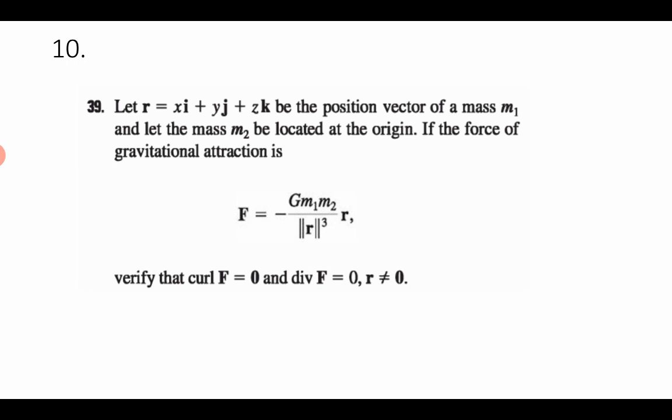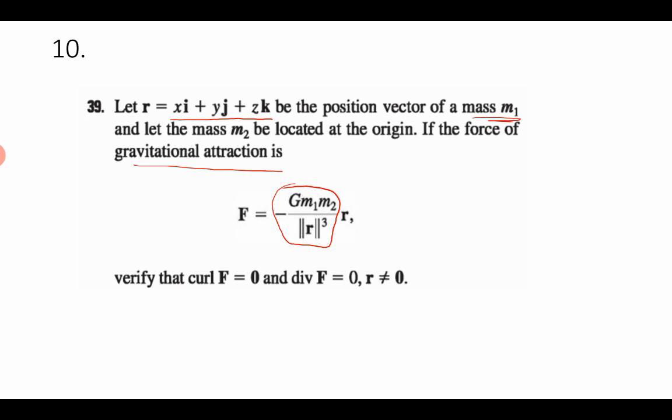And this question, verify curl is 0, divergence is 0. R is given as xi, y, z, the position vector of a mass m1, and let mass m2 be located at the origin. If the force of the gravitational attraction is given as here, this part is constant, isn't it?